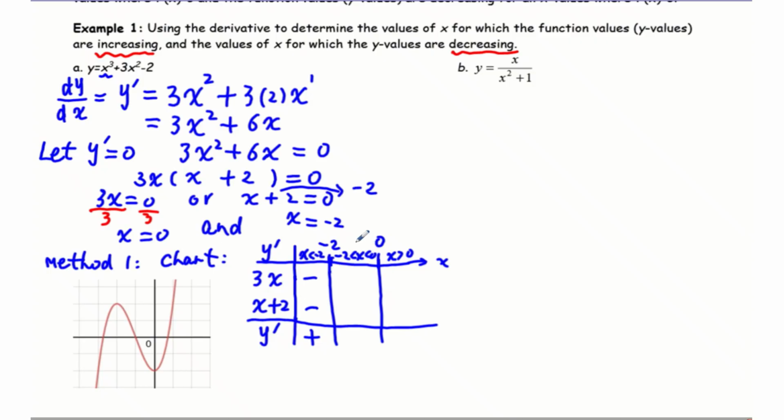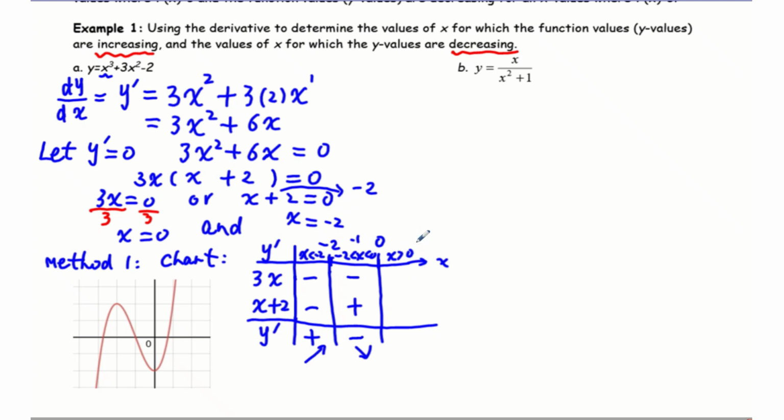For the next one, we just pick a number, negative 1, and substitute in. 3 times negative 1 is negative. Negative 1 plus 2 gives you positive. Multiplied together gives you negative. So y prime is negative, here it is decreasing. Positive means increasing slope.